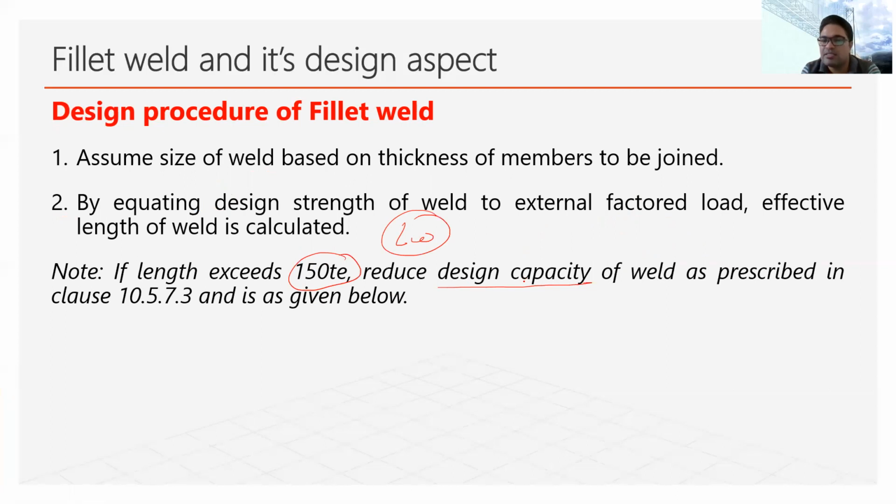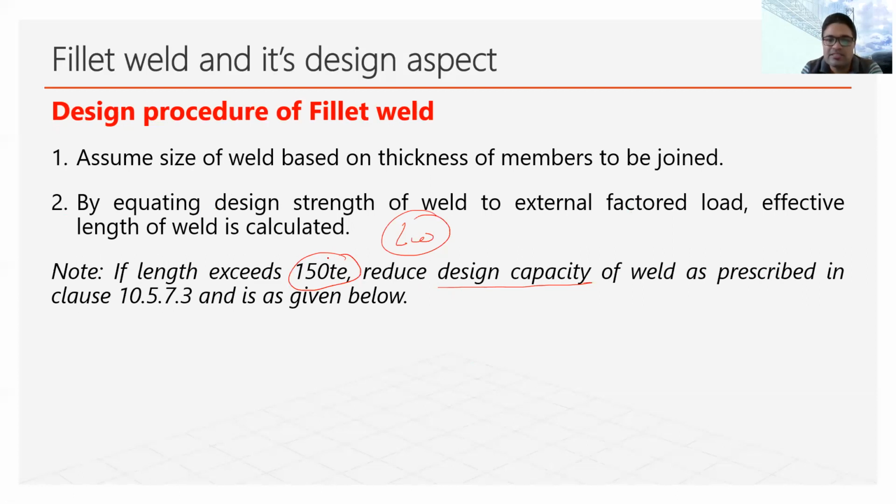We have seen this in bolted connections also, that if the length of joint increases, then we have to apply some reduction factor, because if the length is increased, then the stress varies along the length. If you are not clear with this concept, you can refer to the bolted connection video, where I have explained how the length of joint affects the strength of joint. The same factor works here also.